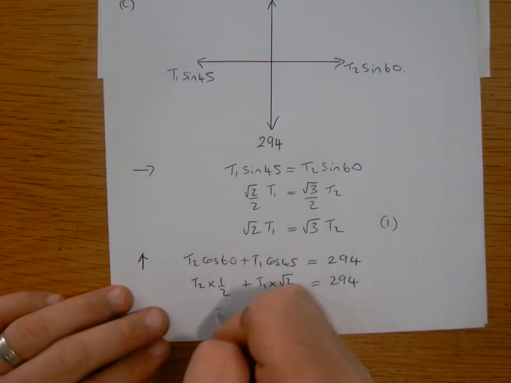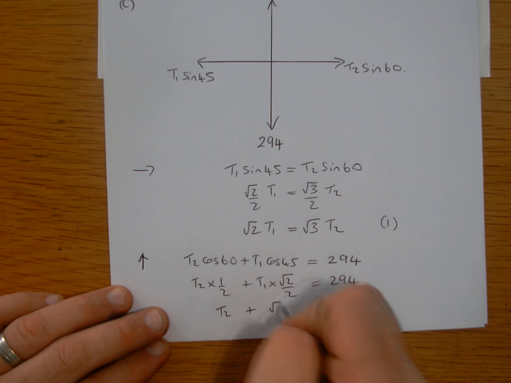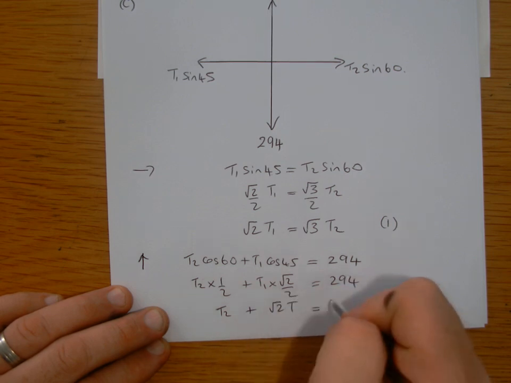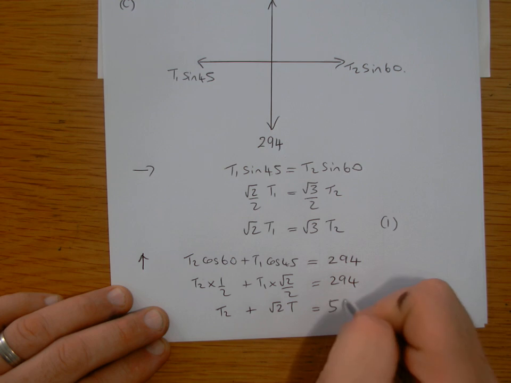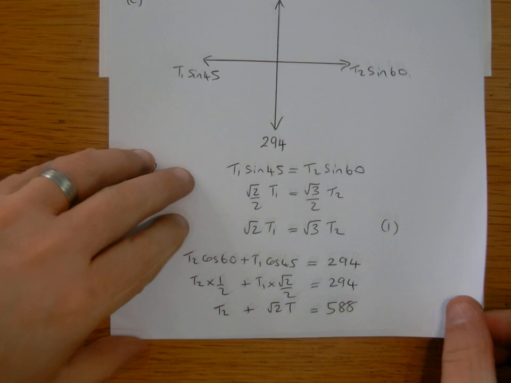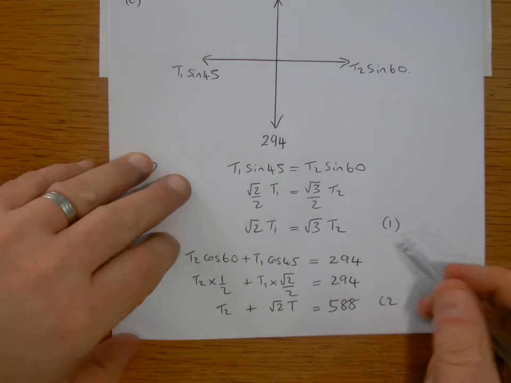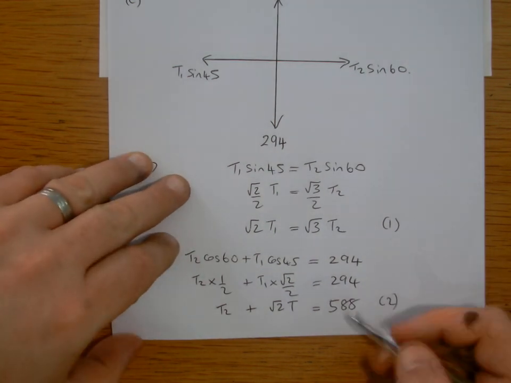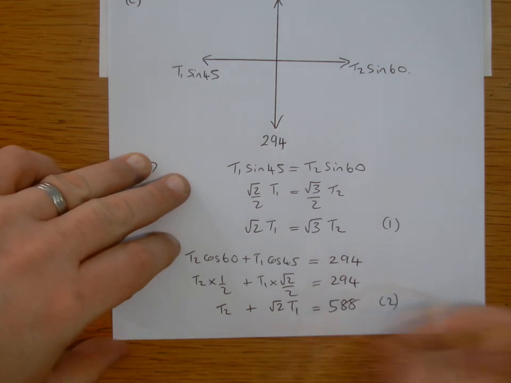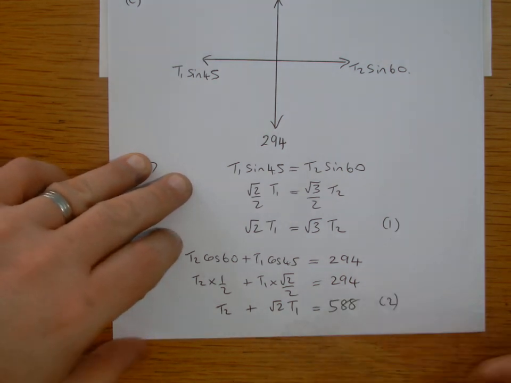Multiply through by 2, you get T2 plus root 2 T1 equals 588. That's equation 2. Now we can use equation 1 and equation 2 to work out what T2 and T1 are.